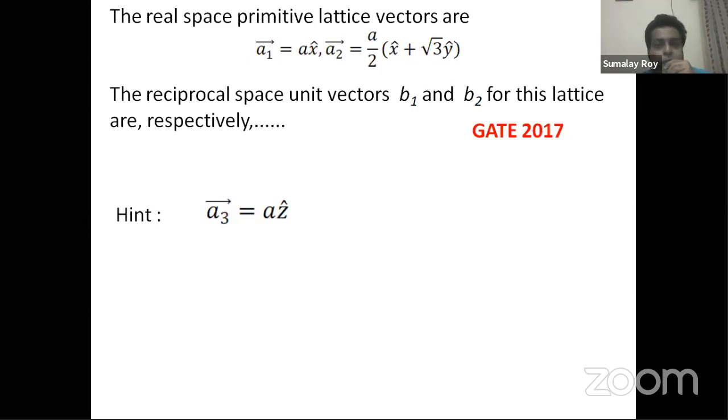So what one does is take a3 as a perpendicular vector, a into z, along the direction perpendicular to the plane containing a1 and a2, and then carry out the problem. Then there will be no problem. You can find b1, b2, b3, but b3 will simply be 2 pi by a into a3, which doesn't matter. We have to find b1. So this is the prescription for doing it in two dimensions. You can take only one vector along the z-axis and do the rest of it.